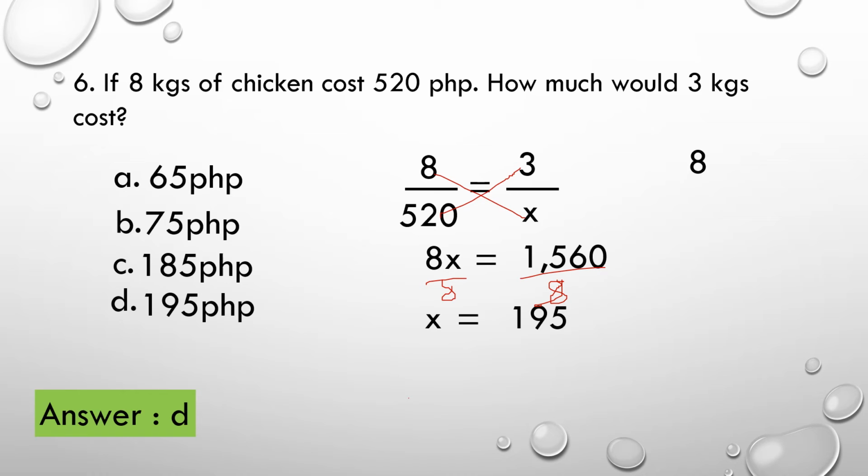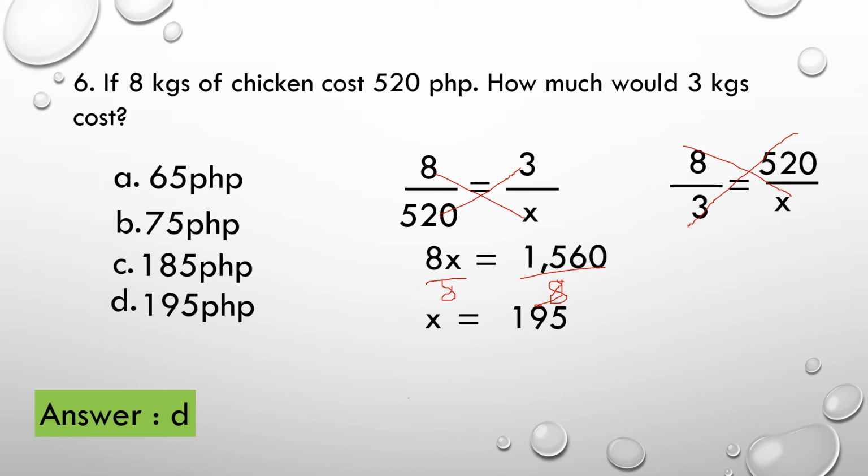Or you can also do it like 8 kilograms over 3 kilograms should be equal to 520 over x. Look at this one. So we have the 8 kilograms, which is equivalent to 520, and then 3 kilograms equivalent to x. So same thing here. If we cross multiply, that is 8 times x is equal to 3 times 520.